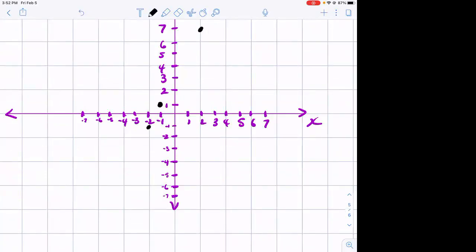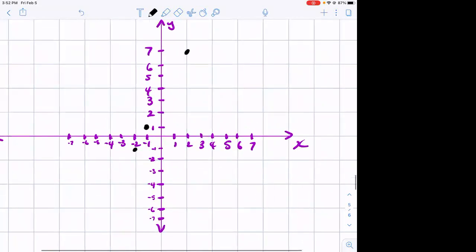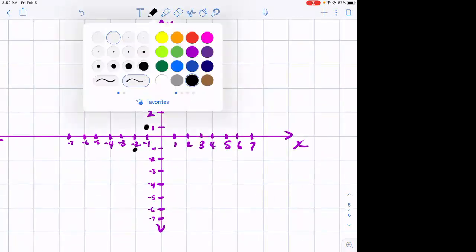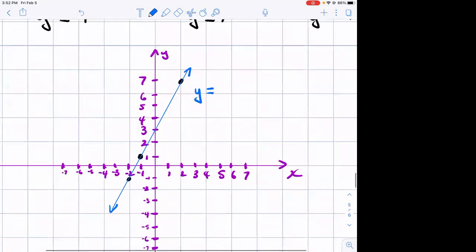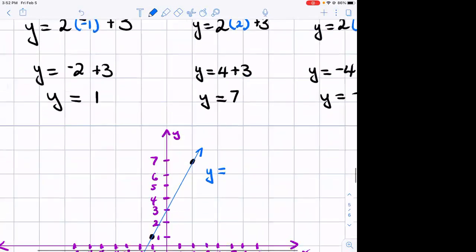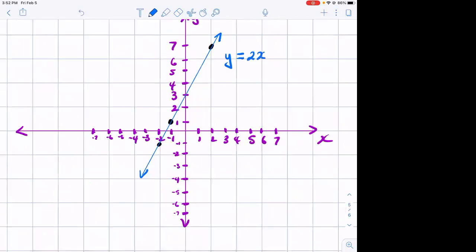This is here. Now, if we connect those 3 points, our graph should be close to correct. This is the equation of the line y is equal to 2x plus 3. And we have just graphed our equation.